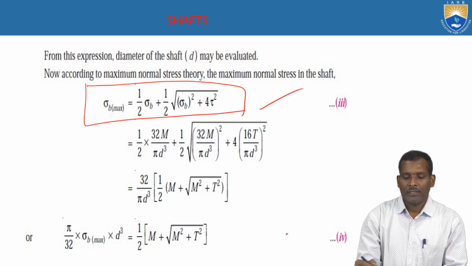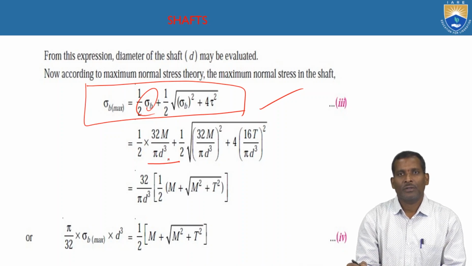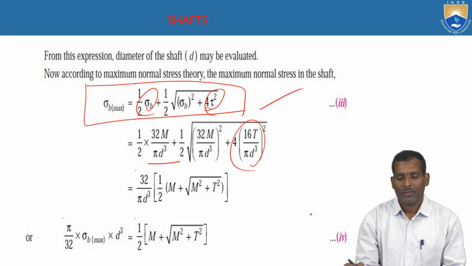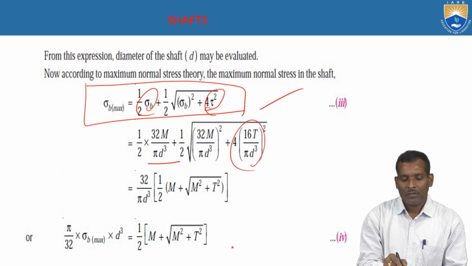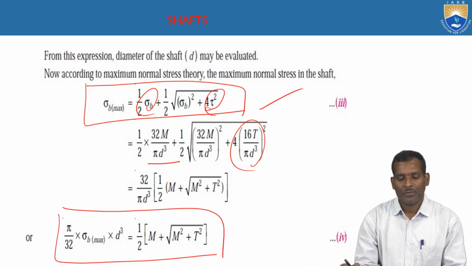So substitute again, in place of sigma b, 32M by pi d cube, and in place of tau, 16T by pi d cube. Clear? So we will finally get pi by 32 into sigma b max into d cube is equal to half into M plus square root of M square plus T square.